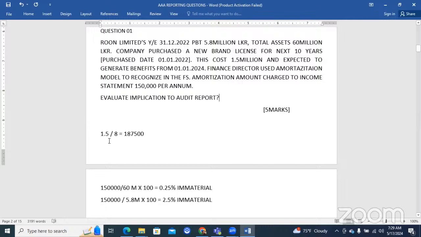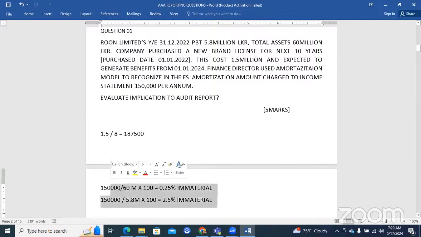Actually, this 1.5 million should be divided by 8 years, so the actual amortization is 187,500. But how much amortization was charged? 150,000.